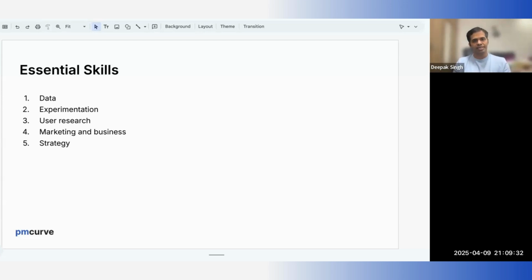Can you move the metrics? Can you move retention? Can you move activation? Can you move acquisition, right? Can you move revenue? That is the ultimate litmus test of any PM. Which is why I keep telling budding PMs that every PM graduates to become a growth PM in their career, because growth is a very, very essential skill for PMs.